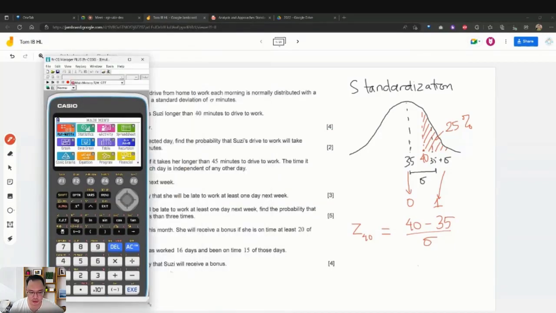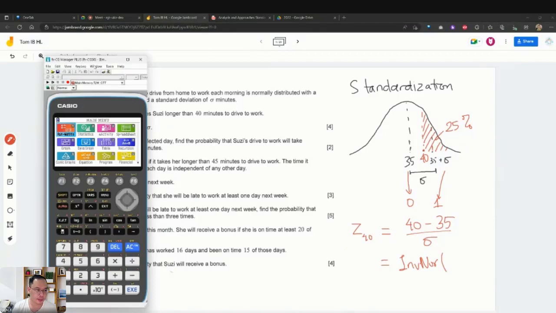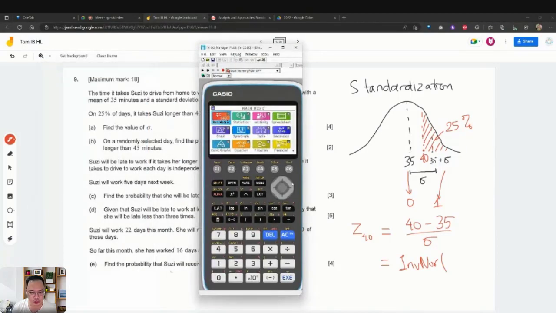The z value here is calculated using the inverse normal. Go to statistics, distribution, normal, and then inverse normal here. The type of data is variable, not list.